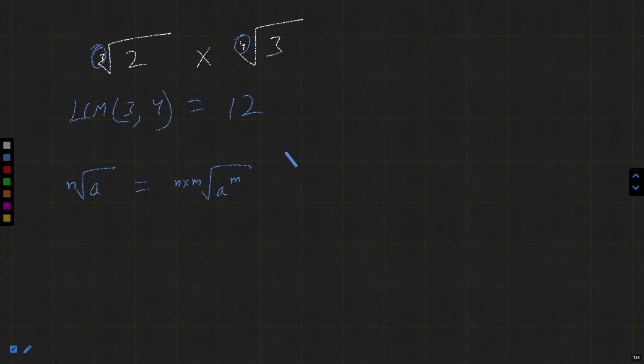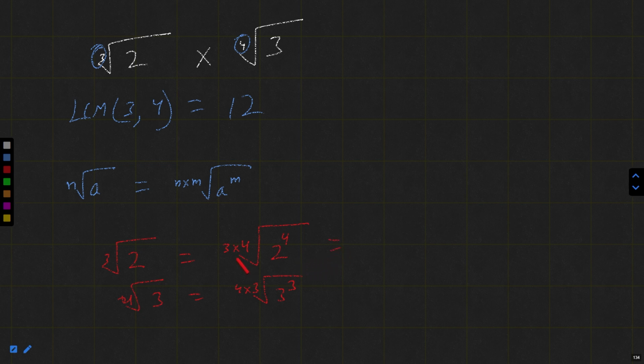So here I can rewrite the cube root of 2 as the 12th root of 2 to the power 4, and the fourth root of 3 as the 12th root of 3 to the power 3. Okay, I hope this is clear.